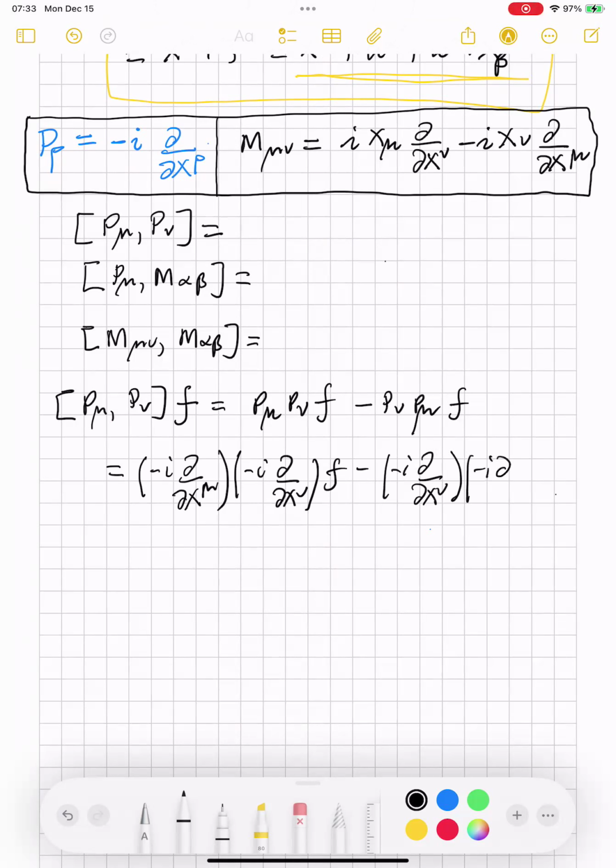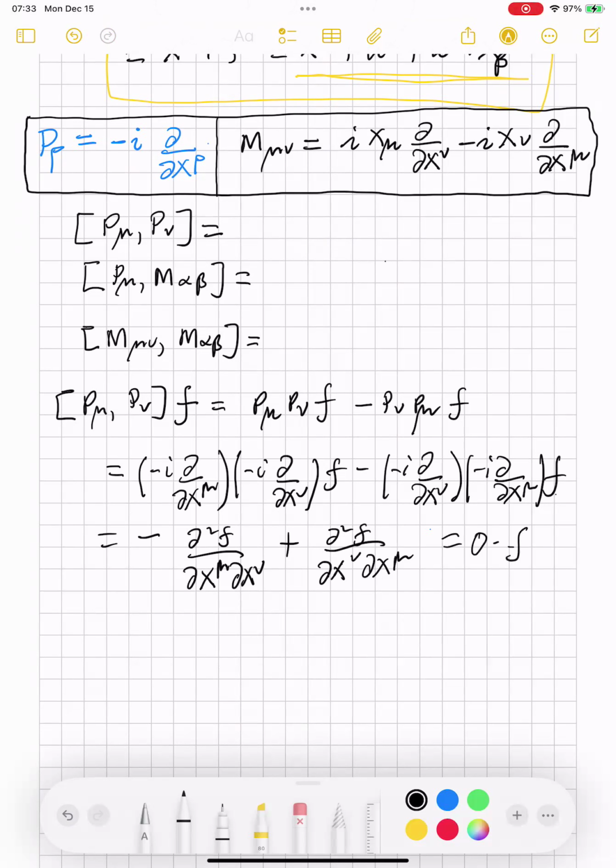So we've got the second derivative of f with respect to x mu and x nu. And then minus i times minus i is a minus, times that minus is a plus, the second derivative of f with respect to x nu and x mu. But partial derivatives commute. So this is 0 times f.